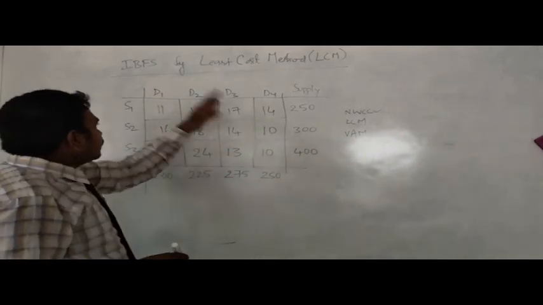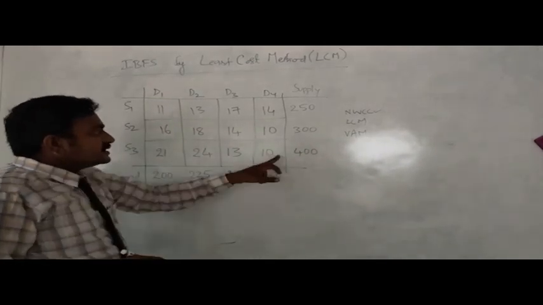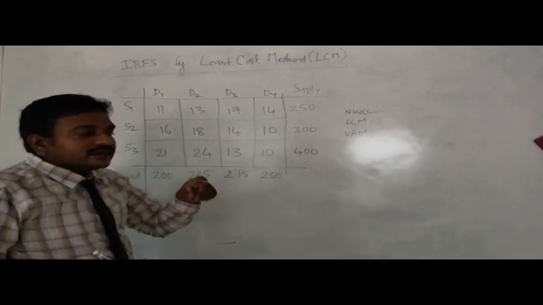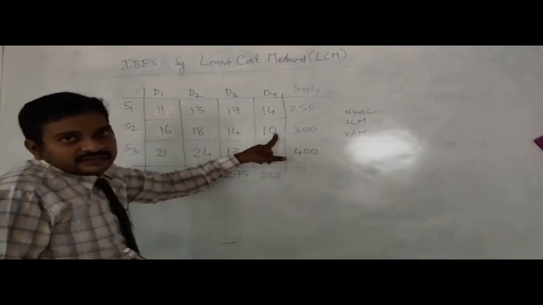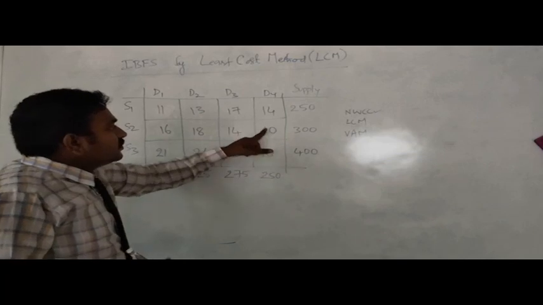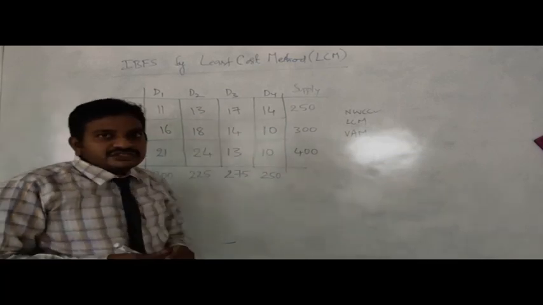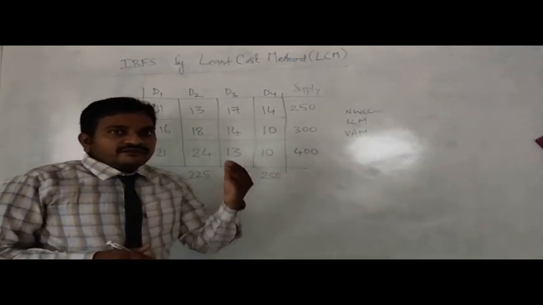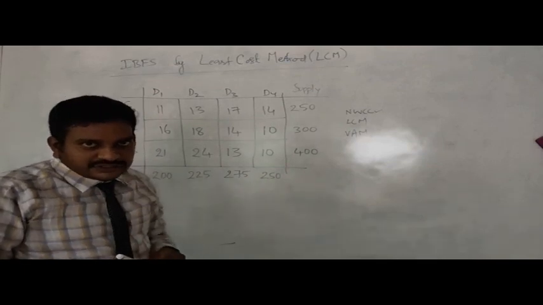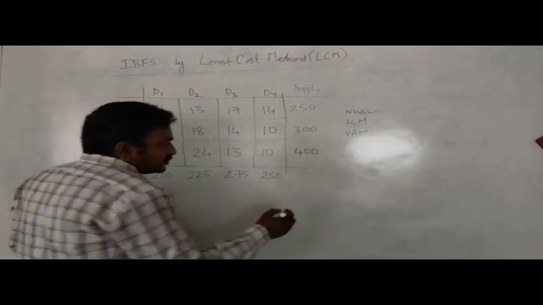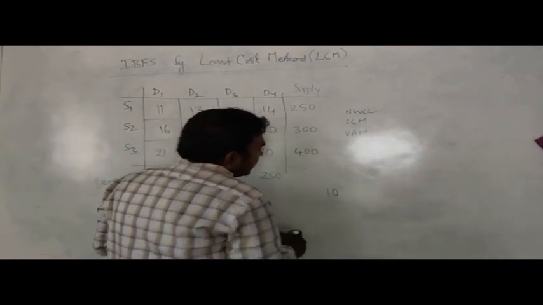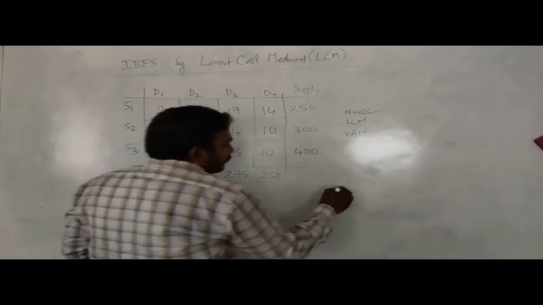So in the entire table, the least cost is 10. Wait a minute, there is another 10 available here. So when you face this kind of situation where you have two same costs. Now the situation is, firstly, 10, and here 300 and 250.